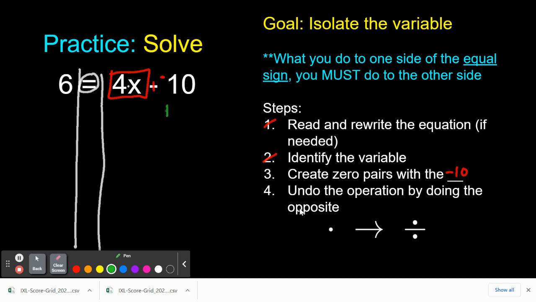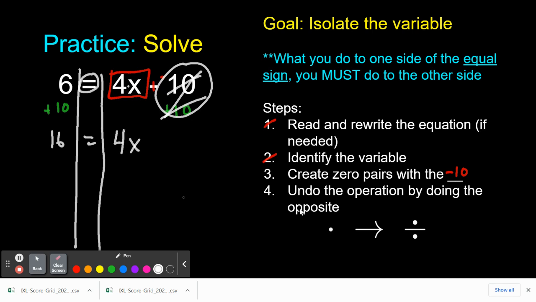We need to add the opposite. So we're going to add positive 10 to the right side. And if we add positive 10 to the right side, we need to add positive 10 to the left side as well. 6 plus 10, that is 16. And on this side, this negative 10, that positive 10, they make a 0 and they take each other out. So all we're left with now is the 4 times the x.